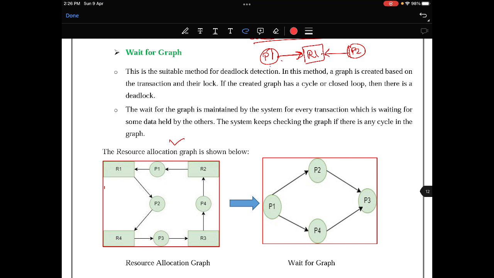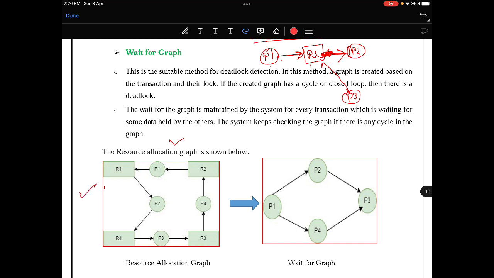Processes are denoted by circles and resources by rectangles or squares. Suppose process P3 is also requesting the resource, so the arrow is drawn from P3 to R1. If R1 is already allocated to P2, the arrow is drawn from R1 to P2. In this way, the resource allocation graph is drawn.